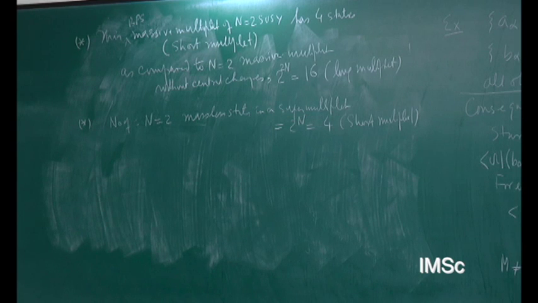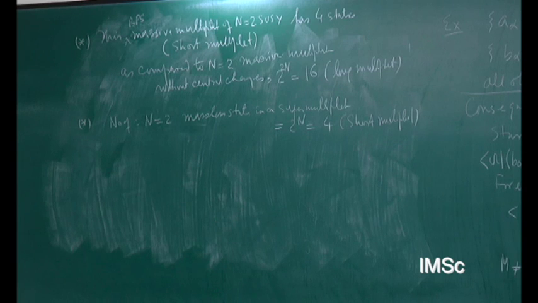It's a very general property and there is a basic reason for it, we will see that soon. But they do not have the same mass. One is massless, the other is massive.